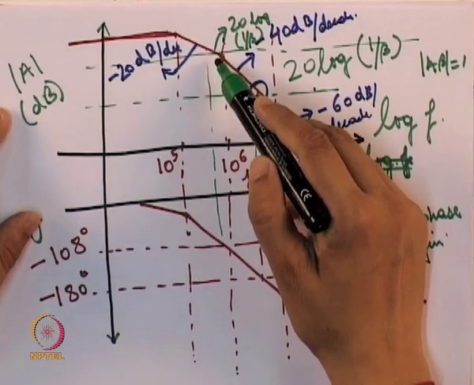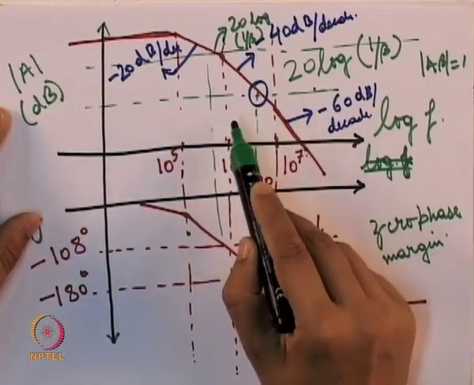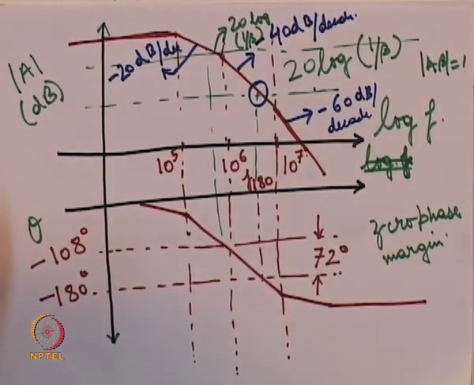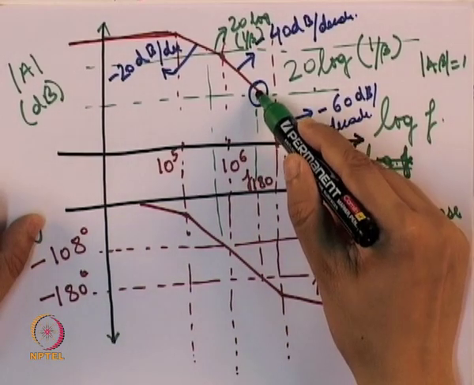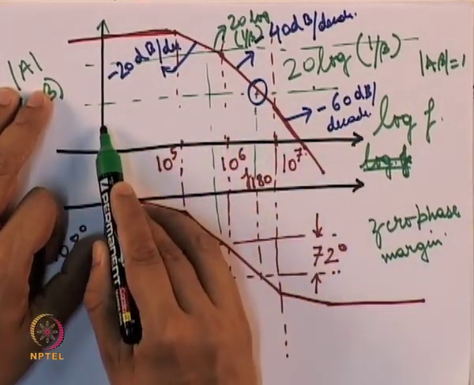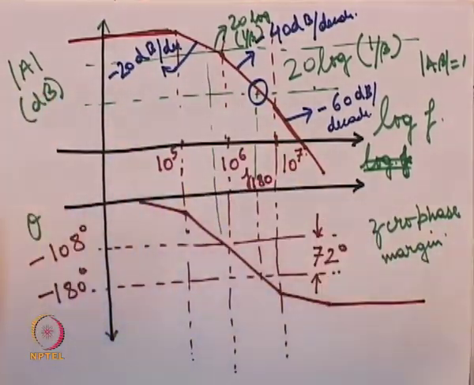Hence, the bandwidth of the system is much lesser as compared to the case when the feedback line is passing through the minus 40 dB or minus 60 dB per decade region, isn't it? Here, this is the unity gain bandwidth, this region from here to here. In this case, the unity gain bandwidth is from here to here. So, that is one disadvantage. To make the system more stable, we have to compromise on the bandwidth. So, that is one problem of this system.